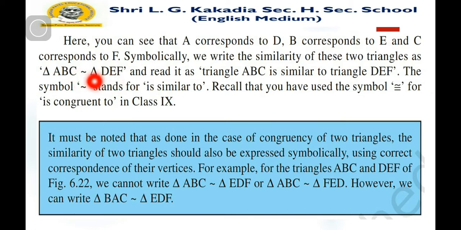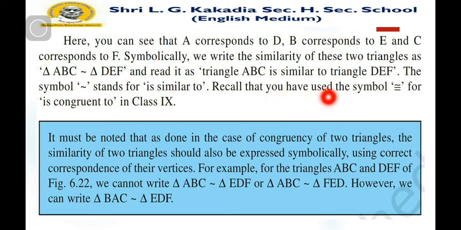In congruence, we have taken some other symbol. If you want to show that two triangles are similar, then we use this symbol. It is the symbol to show that both triangles are similar. So we read it as triangle ABC is similar to triangle DEF. The symbol stands for 'is similar to'.